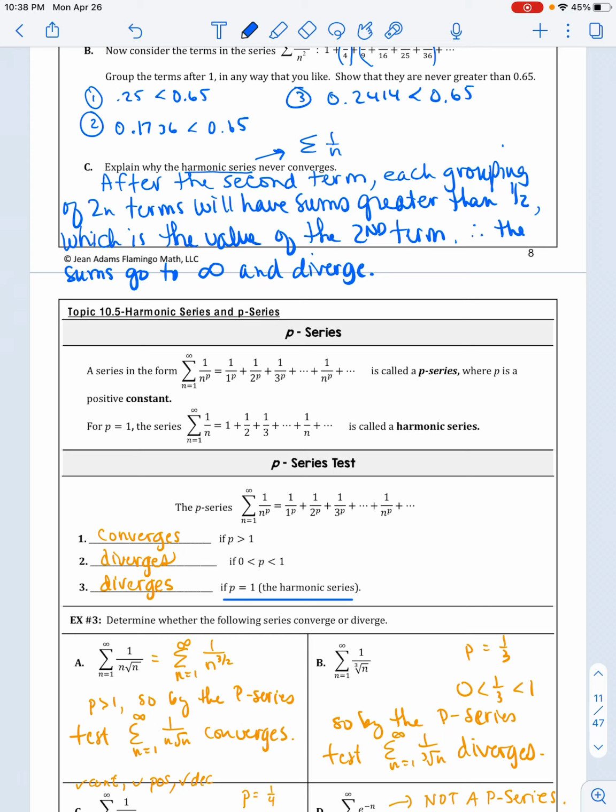If p is greater than 1, it's going to converge. If p is between 0 and 1, it's going to diverge. Or, of course, like we said, if p is equal to 1, it's going to diverge.